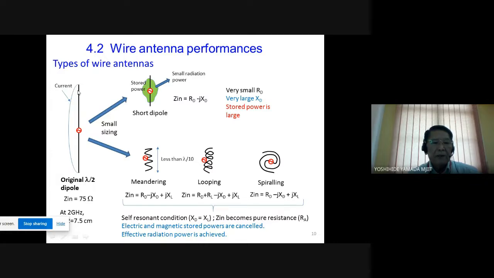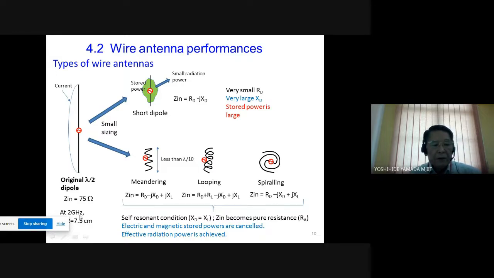This is the most commonly used antenna. The input impedance is 75 ohm, so this almost matches the coaxial cable.